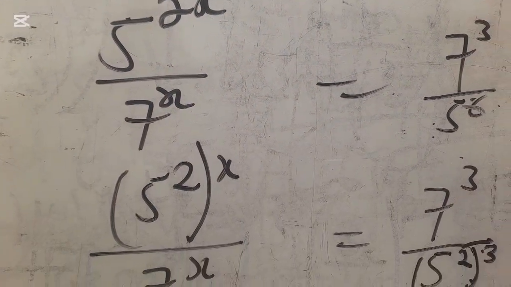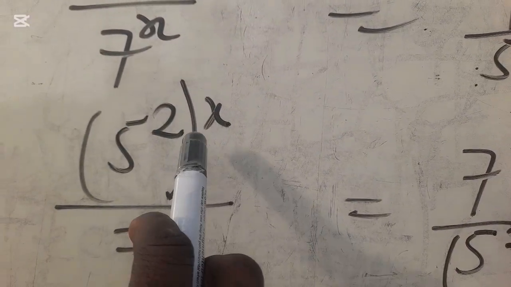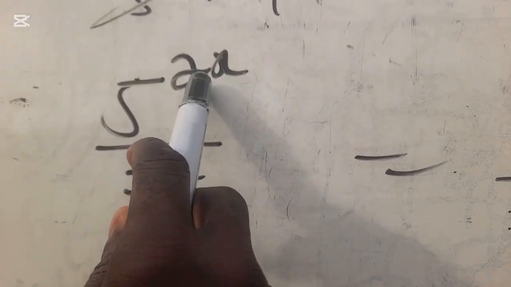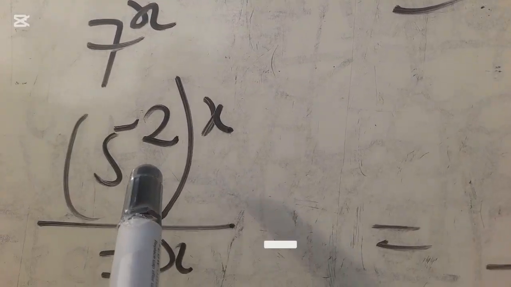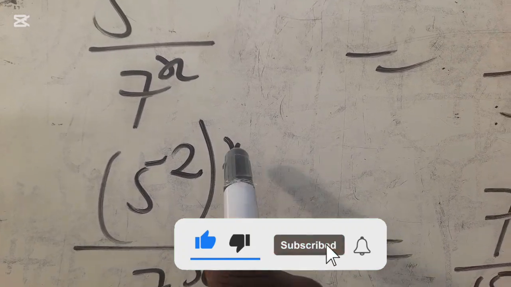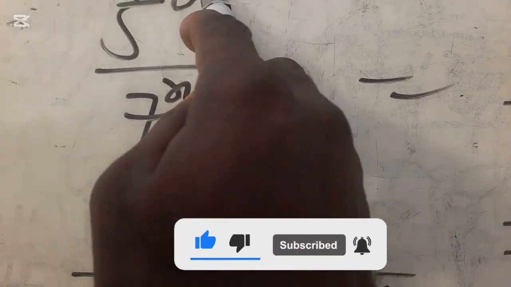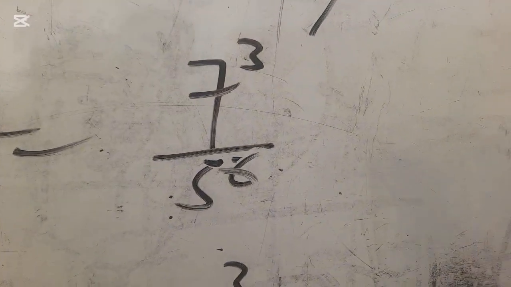The 2 multiplying the x, it means we can separate them using the bracket. When you expand the bracket, this will multiply this and give you back that. So yes, the same thing happened here.